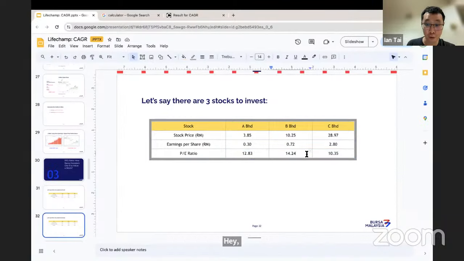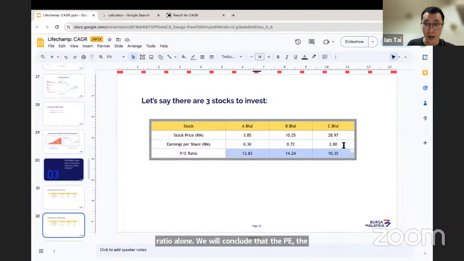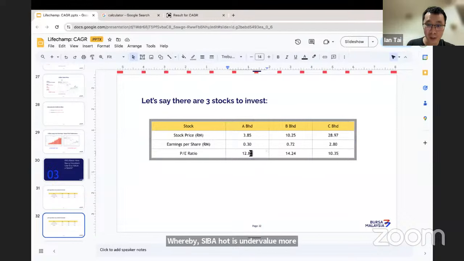Okay. So from an investor's point of view, based on PE ratio alone, we will conclude that their valuation is almost the same, whereby C Berhad is more undervalued compared to A Berhad and B Berhad, because C Berhad's PE ratio is the lowest.